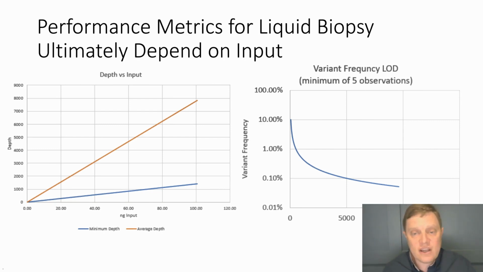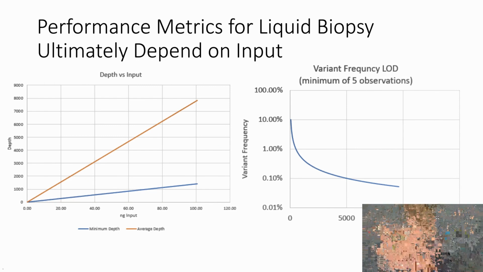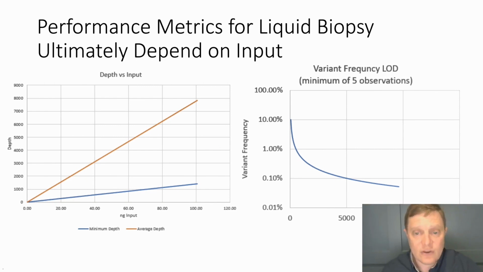And so looking at the nature of what we're observing, looking at the potential for increased or decreased depth based upon the inherent sequence is essential to put this type of data into context. And so this is a fundamental limitation, not of liquid biopsy per se, but of the biology of what's measurable in the blood.